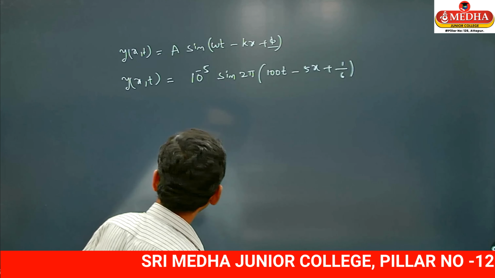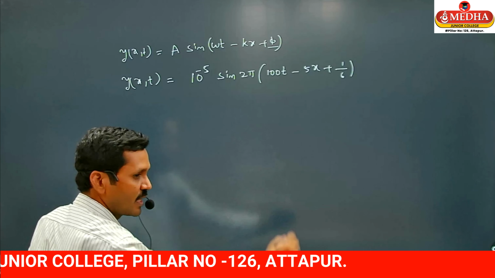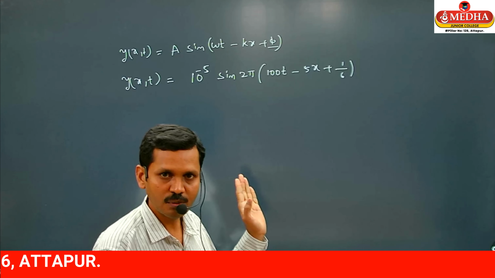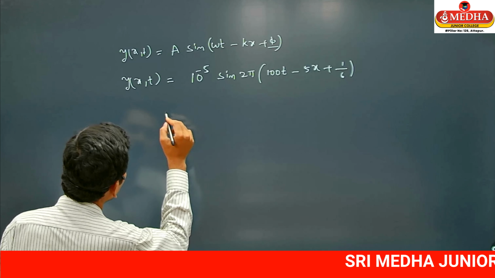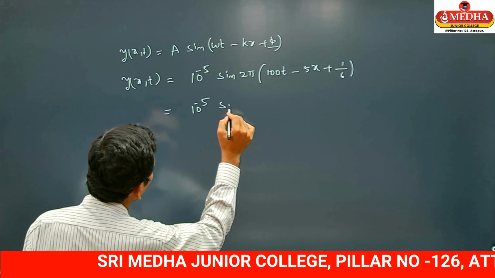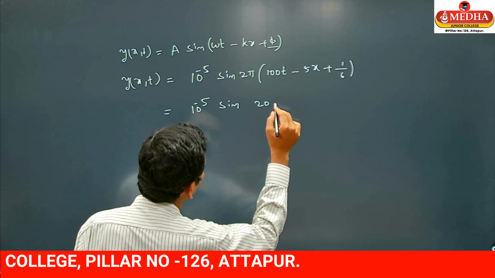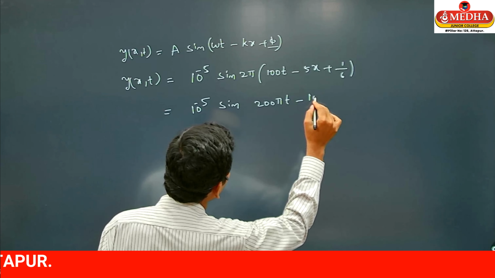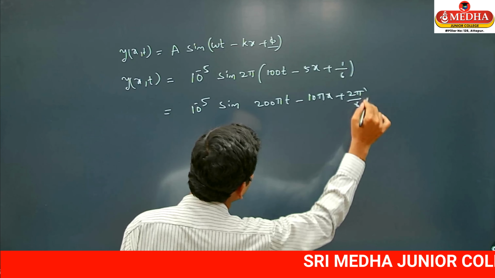But if you observe this equation and compare it with the standard equation, after sine we have one additional 2 pi. That's the first step: we have to multiply the 2 pi with the remaining terms inside. Therefore y of x comma t is equal to 10 power minus 5 sine, multiplying 2 pi here, so this is 200 pi t minus 10 pi x plus 2 pi by 6.